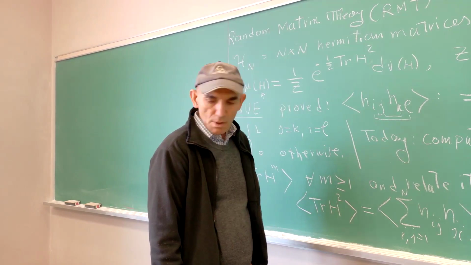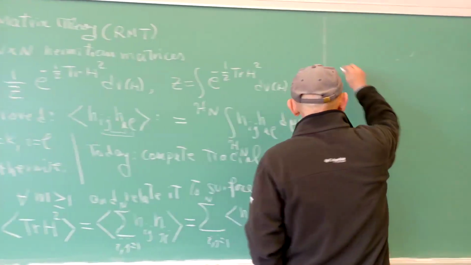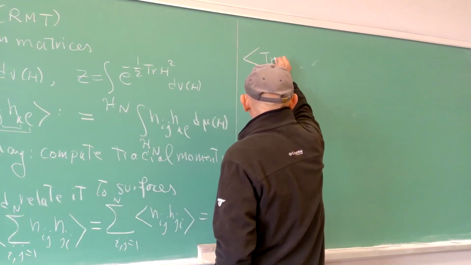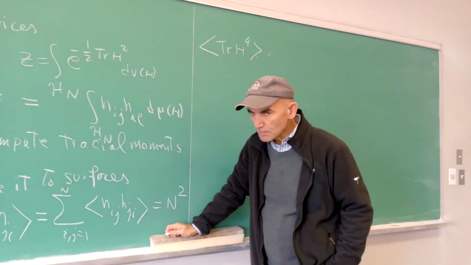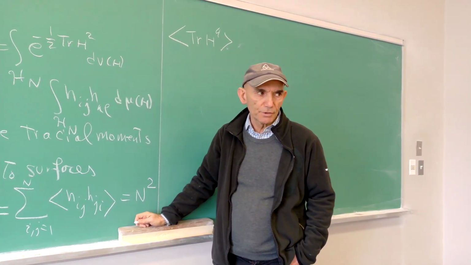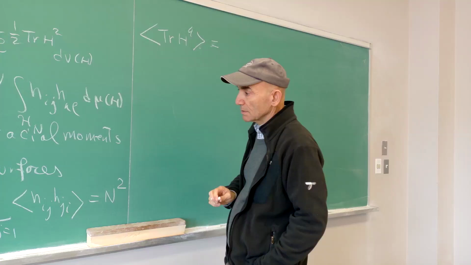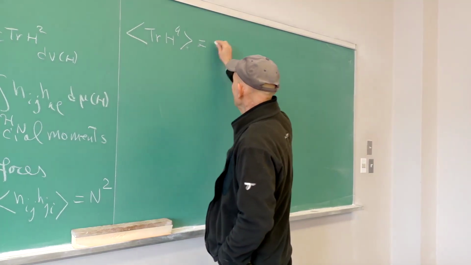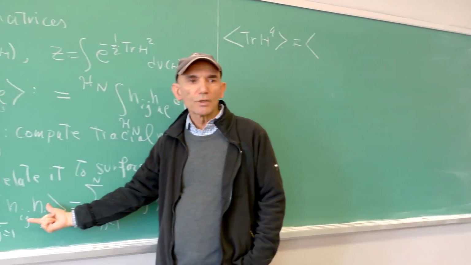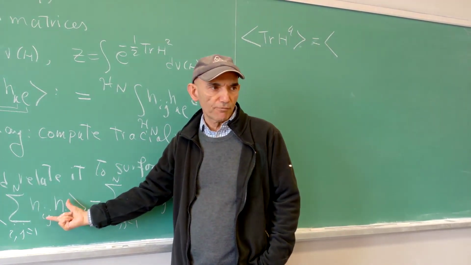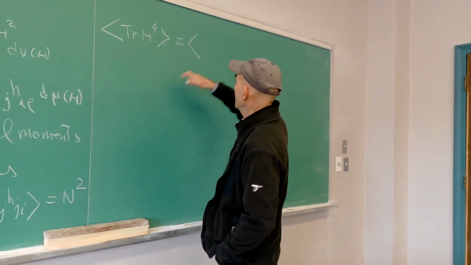So one more case I want to do. Let's look at the trace of H^4, for example. Let's compute the trace of H^4. Well, by definition, we can write it as a sum of products of 4 terms, because to compute the diagonal of H^4 you have to do this.